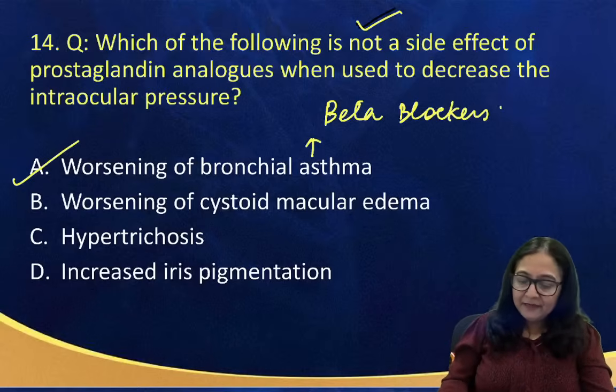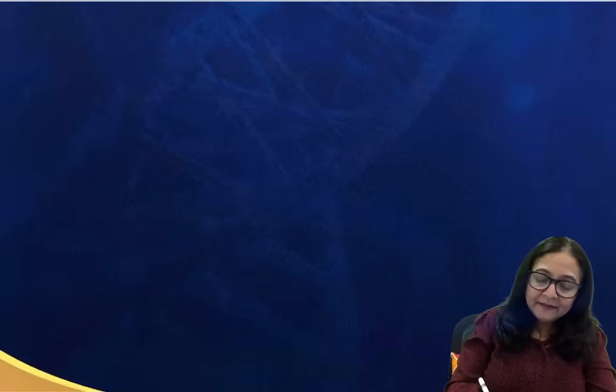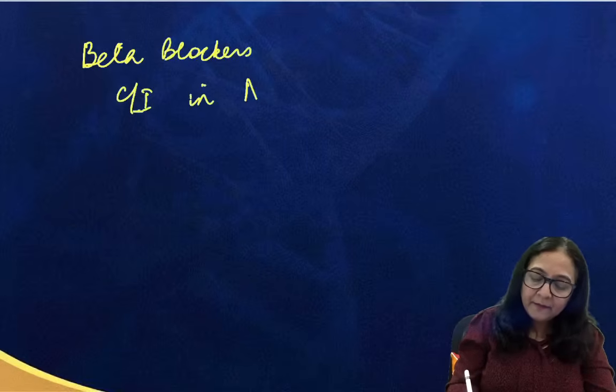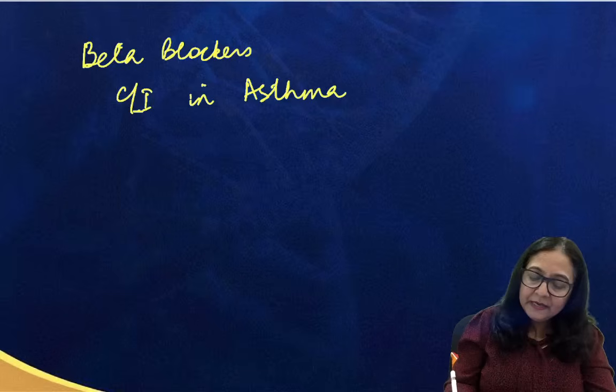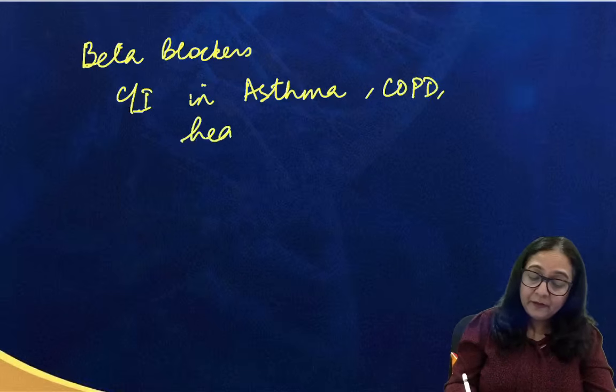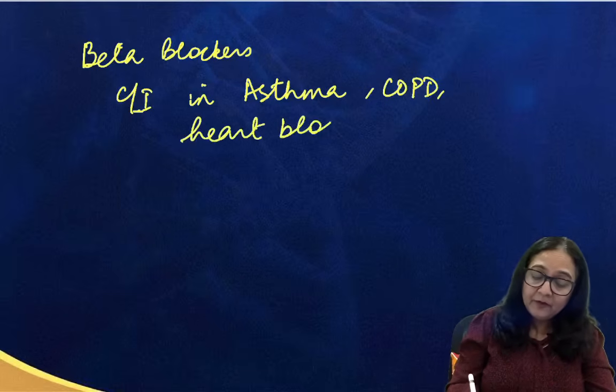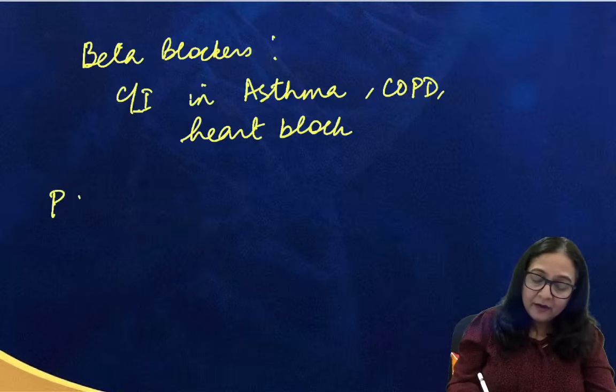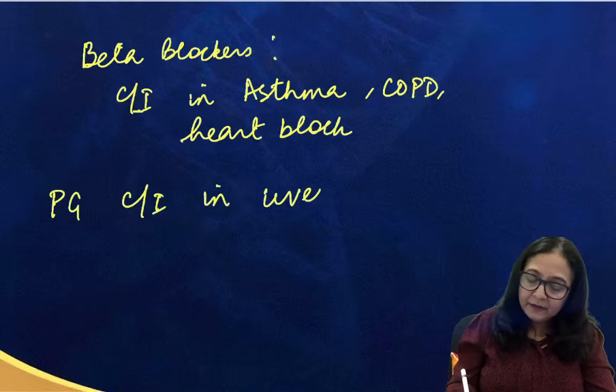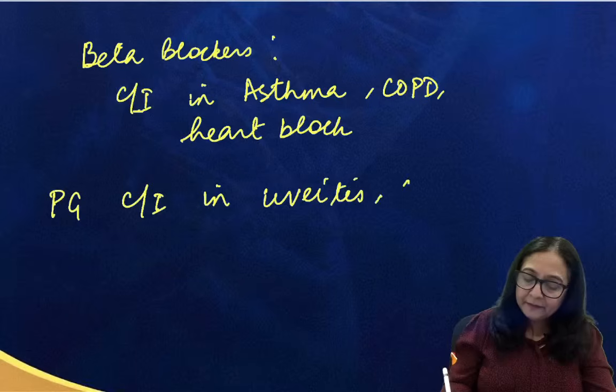Bronchial asthma is seen with beta blockers. Besides this, beta blockers can also cause heart block. So beta blockers are contraindicated in asthma, in COPD, in heart block. Okay, and prostaglandins are contraindicated in uveitis, cystoid macular edema.